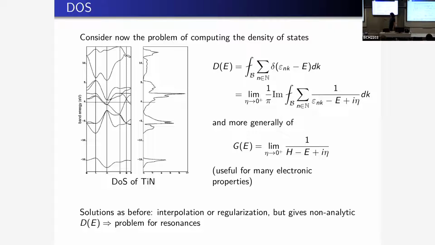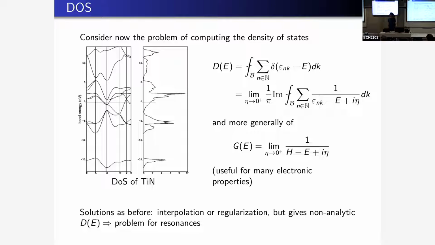Now, this is okay. You can do it exactly the same as before. You can do interpolation of the band structure and computation of this. You can define the temperature and replace this delta function by a finite-width function. You lose analyticity when you do that. And there are cases where you really want to get the analytic structure of this D of E correct.